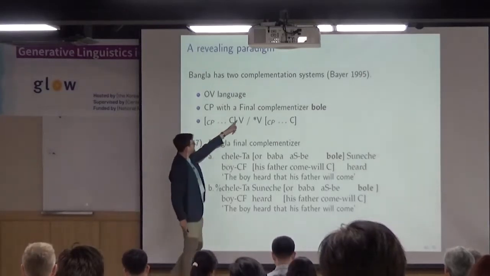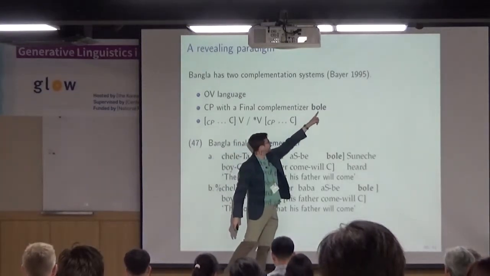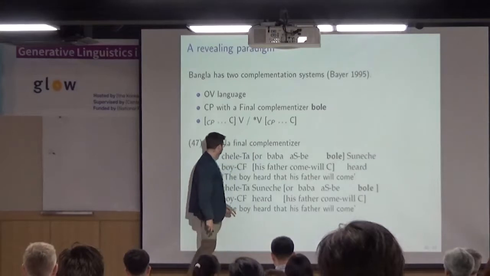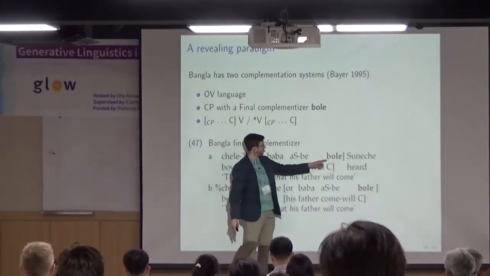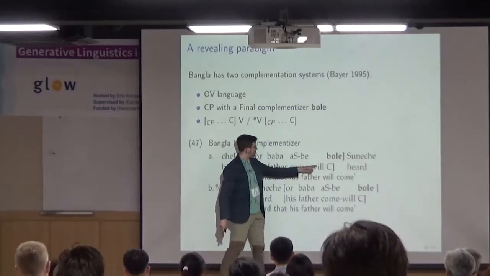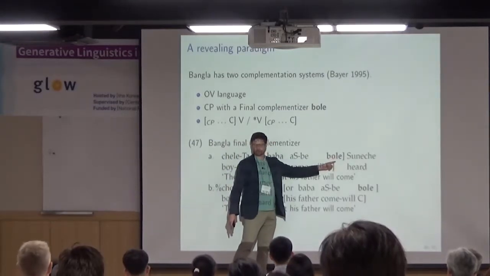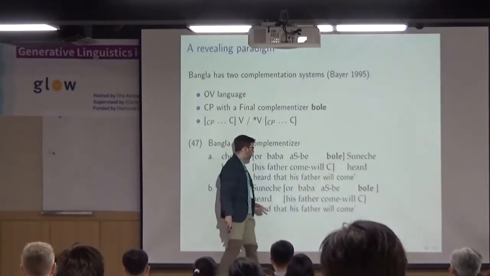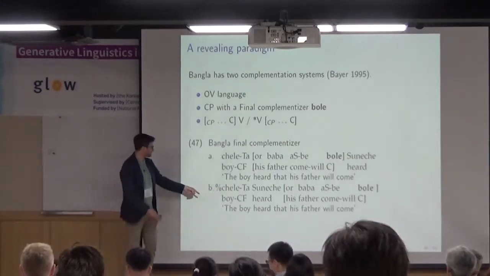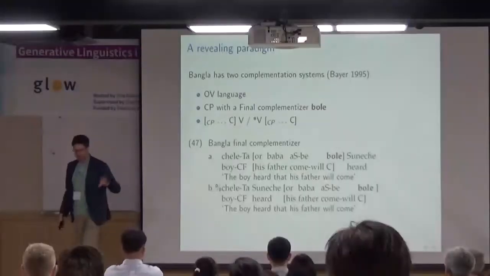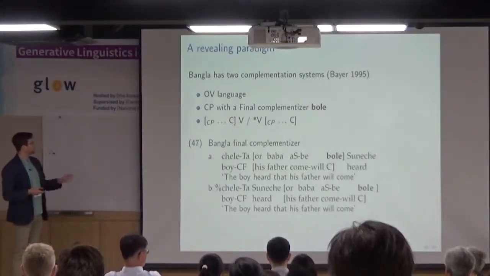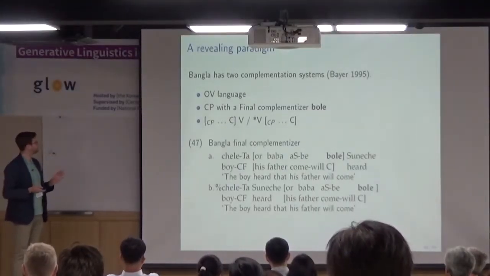There's one complementation system that uses the final complementizer, bole, and this guy likes to sit immediately preceding the verb. Okay? And it's less happy, although I believe it's possible for it to extrapose. It can maybe even move leftwards. Okay? So that's this bole guy.